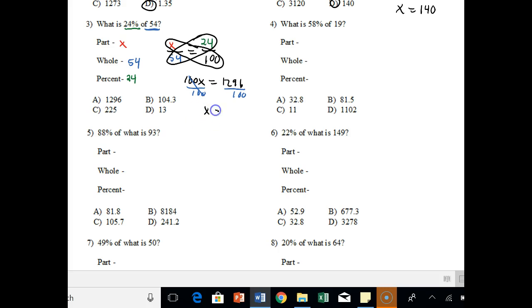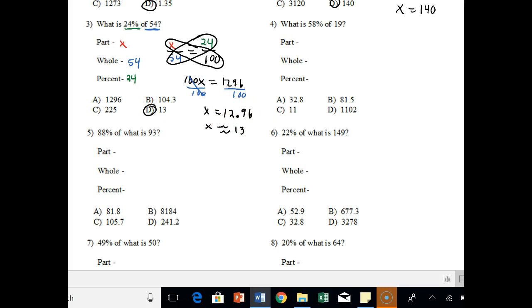So x is equal to 1,296 divided by 100, which is 12.96. And you might be saying, wait a second, did they mess up? Well, no. So what they mean you to do here is to round. So x is equal to about 13, remember the squiggly equal sign means about, so D.